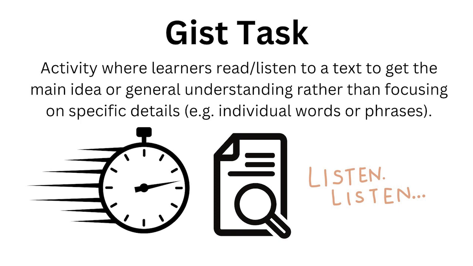And you could do one of two things. You could get them to quickly summarize what they have just listened to in pairs, so they could bounce off each other. And then you wouldn't spend too much time on details or unfamiliar vocabulary. You're just trying to get the students' understanding of the text as a whole.